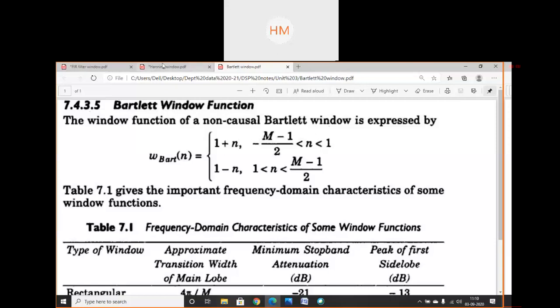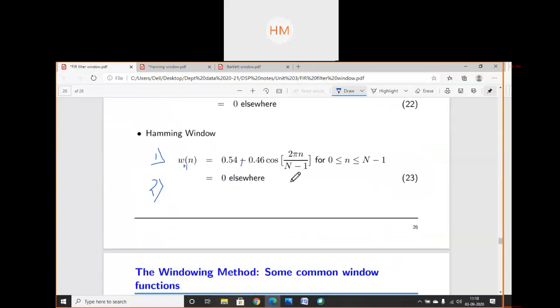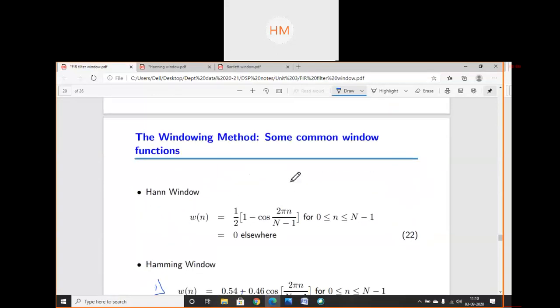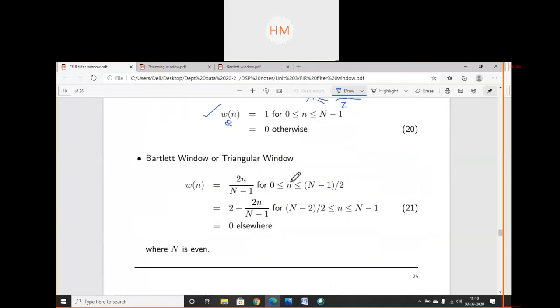Finish this equation, students. Bartlett window is also known as a triangular window. Okay, write it down in brackets: Bartlett window, also known as triangular window.